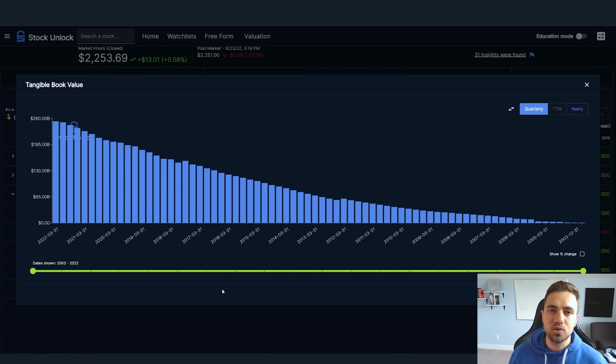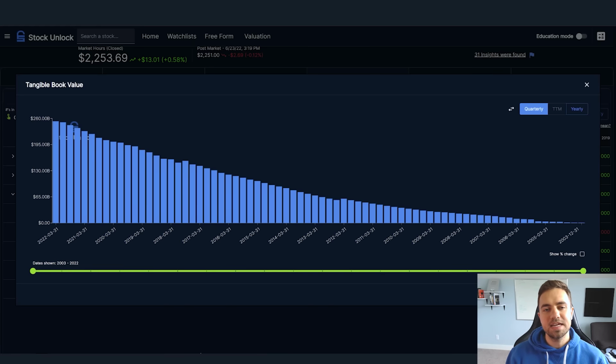So even though Google is doing some acquisitions, again, we saw that Google has about $23 billion of goodwill on its balance sheet, we can still see that regardless of this goodwill, Google has been able to consistently grow its tangible book value. And for me as an investor and someone looking at a balance sheet, this is exactly what I like to see. I like to see consistent tangible book value growth.